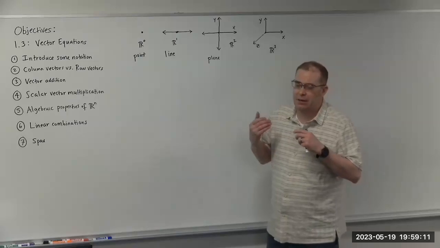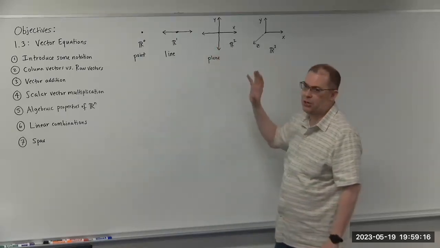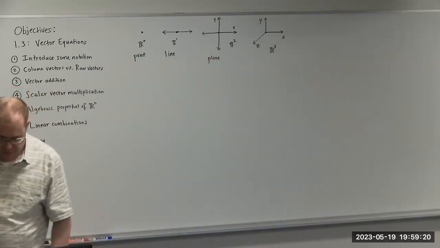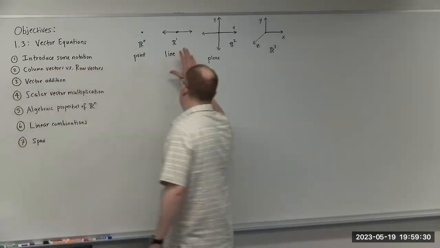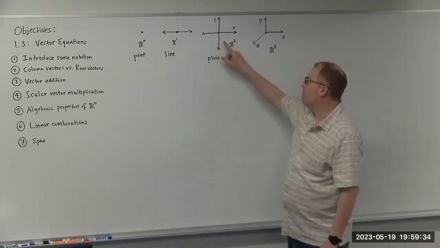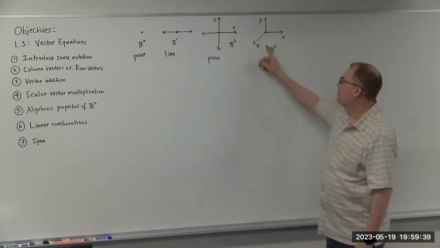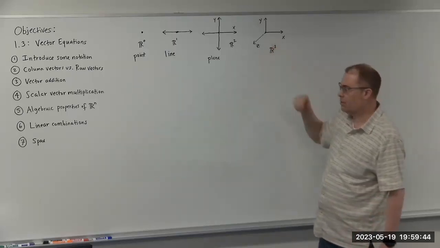But right now, when we say dimension, I'm basically referring to the spatial domain that we're in. So if I say a certain vector is in R^1, then I'm referring to this space. If I say a vector is in R^2, then that vector lives in R^2. If I say a vector lives in R^3, then that vector lives in this space, in 3 dimensions.